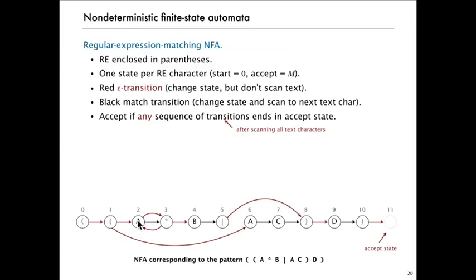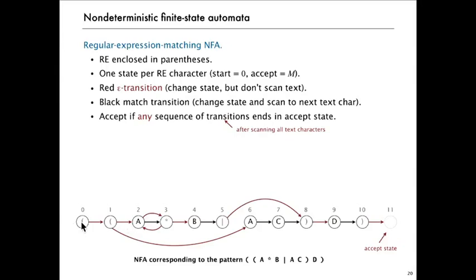So there's a character in every state, and if the character is a text character, it's the same as before. We read that text character and move to the next state. But it's a more general kind of machine because states also have what's called epsilon transitions. With an epsilon transition, the machine is allowed to change the state without scanning any text.